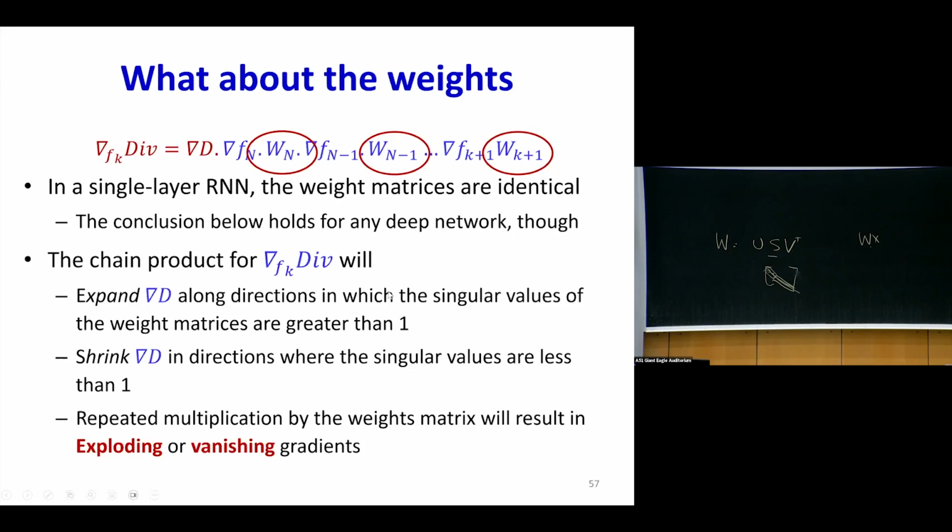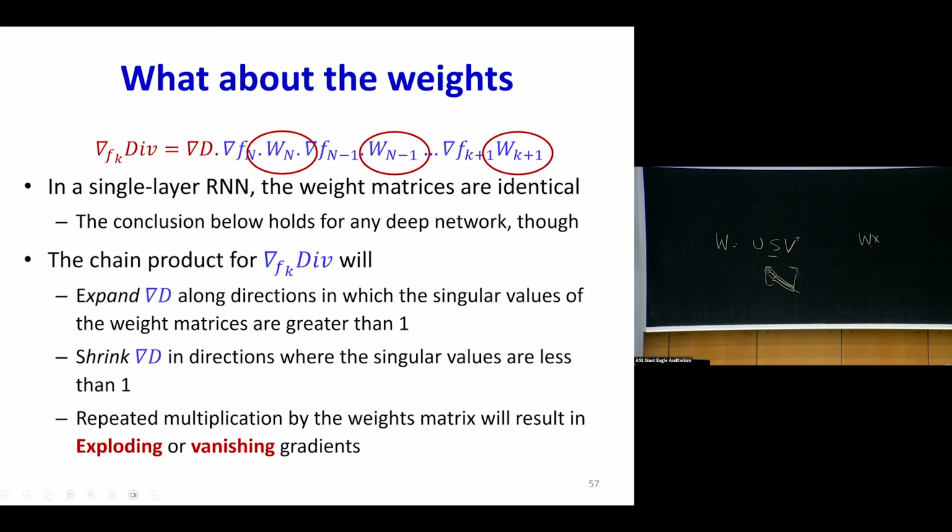And the singular values are going to be either greater than 1 or less than 1. In the directions where the singular values are greater than 1, what will happen? It's going to blow up. And in directions where the singular values are less than 1, it's going to shrink. But then here's the other thing. I have a sequence of vectors, correct?